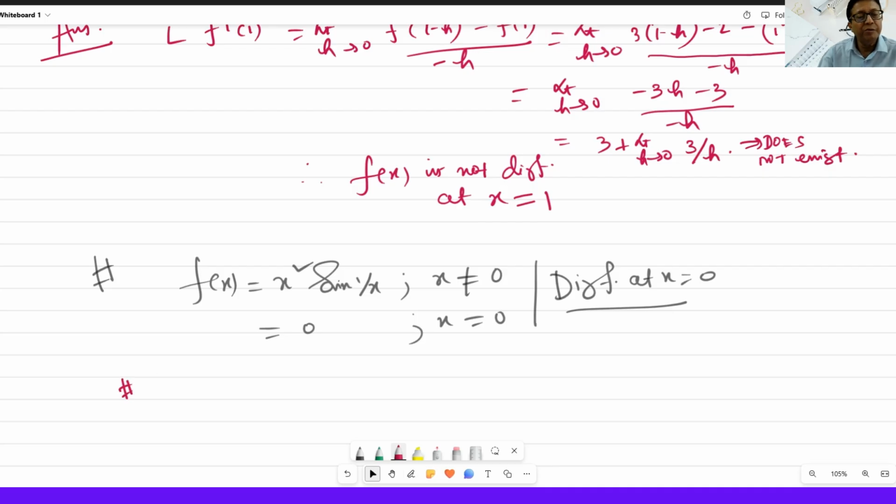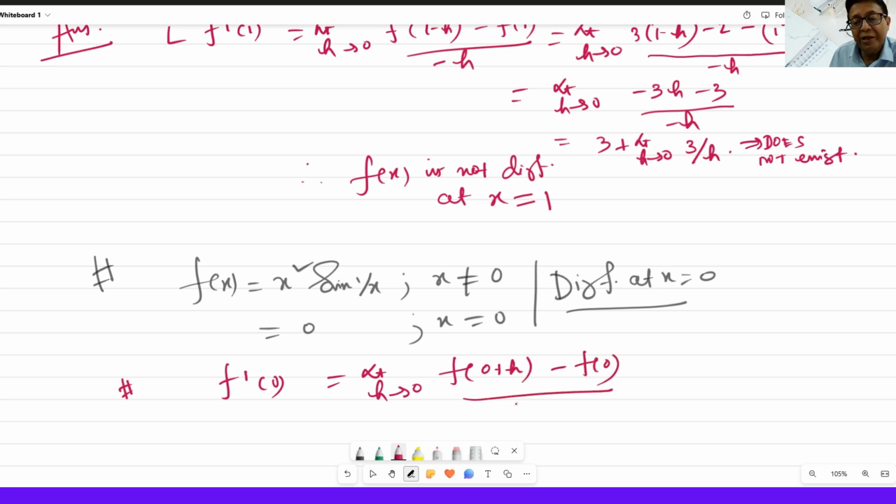Let me do it with the definition we have already got. So f dash 0 we are going to check. We write it first. Limit h tending to 0, f of 0 plus h minus f0 by h. I did not find the left hand limit and the right hand limit separately.